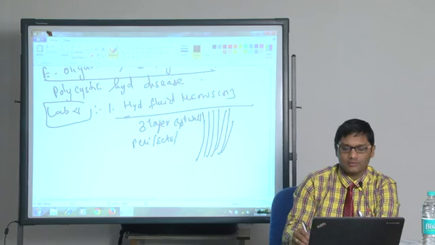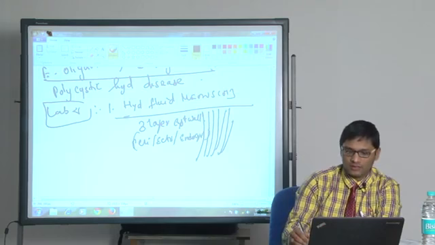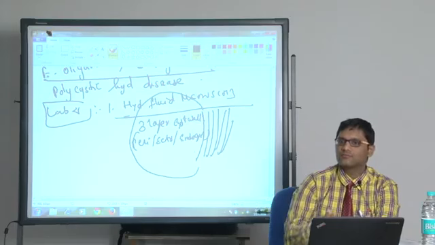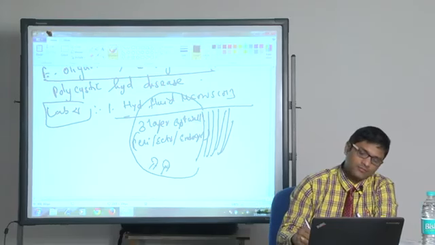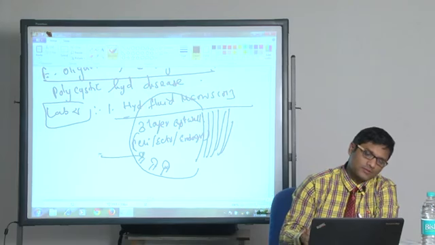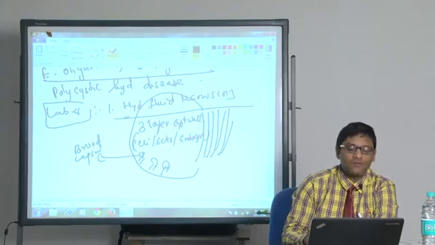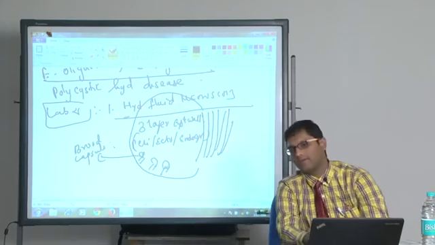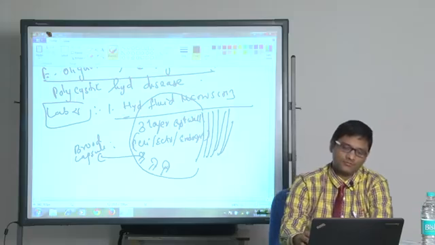I have just drawn a section of the cyst, otherwise the cyst will be like this. Okay, and to the cyst wall the brood capsules will be attached. Brood capsules will form the adult form in future.